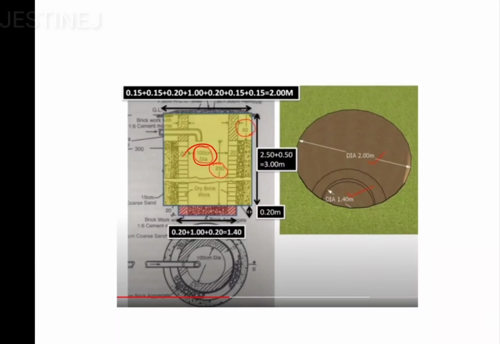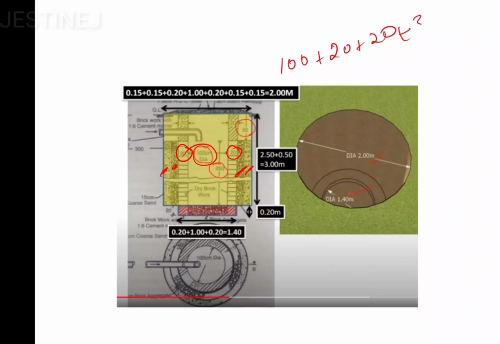Okay. Then this portion, this dry glass brickwork, both sides you are placing, so it is going to be 20 centimeters. So now it is going to be 100 plus 20 plus 20. Then here it is 15, and here also it is 15, here also 15, here also 15.